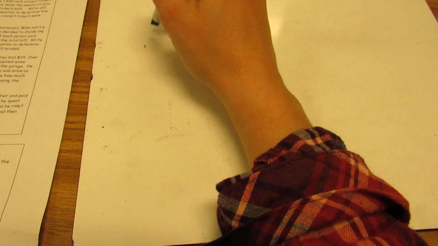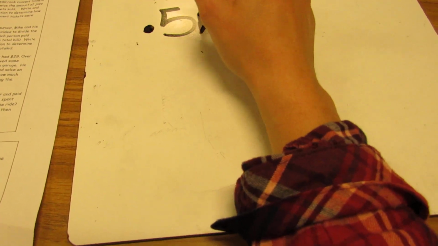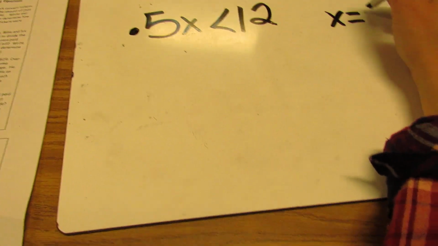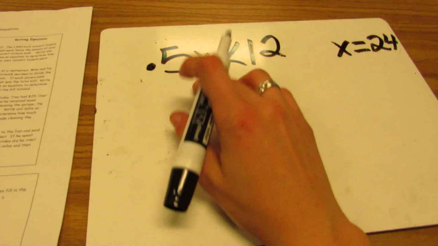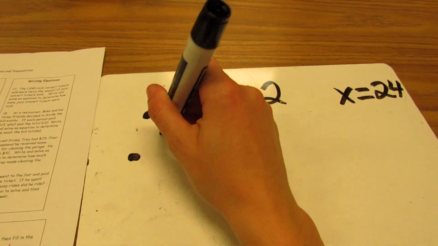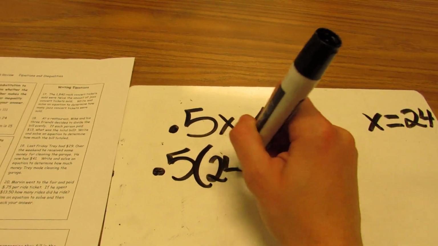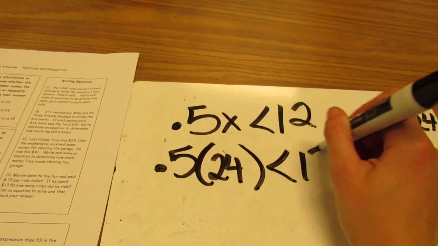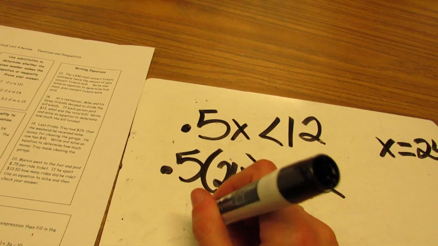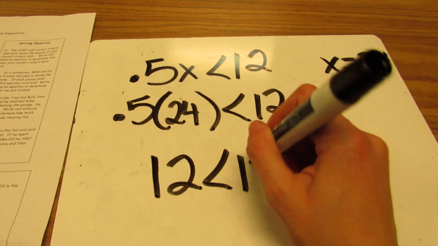Let's keep going. Number 12. It says 0.5x is less than 12 if x is equal to 24. Now I want to go ahead and plug in 24 for x. So I'm going to do 0.5 times 24 is less than 12. So 24 times 0.5, that gives me 12 is less than 12.